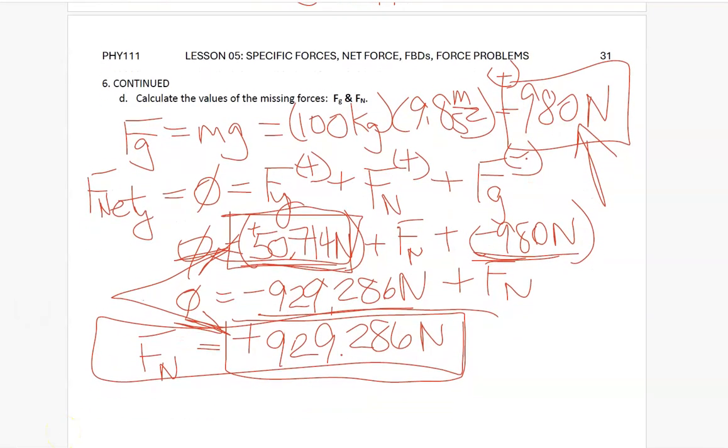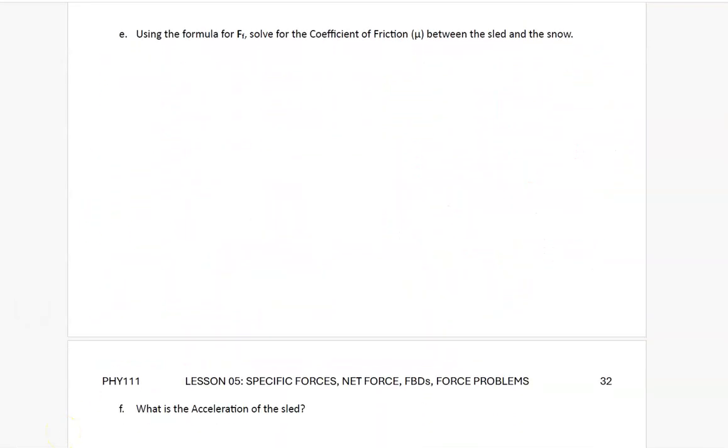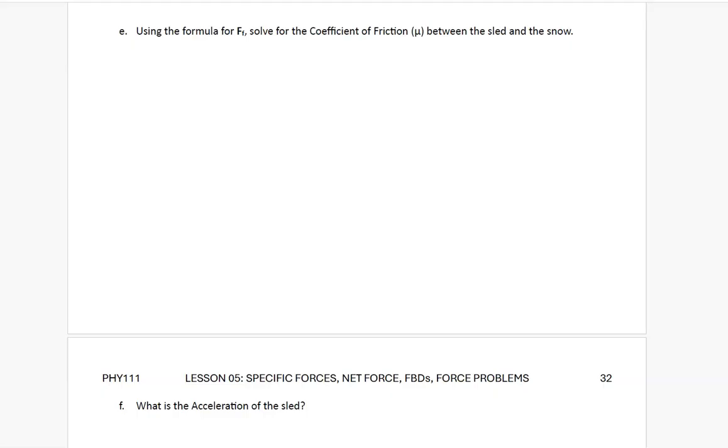Okay, continuing to the next part of the problem. Part E says, using the formula for the frictional force, solve for the coefficient of friction, mu, between the sled and the snow. Okay, well, we know that our frictional force is equal to mu times our normal force, and we just determined our normal force, and we know our frictional force from the problem.